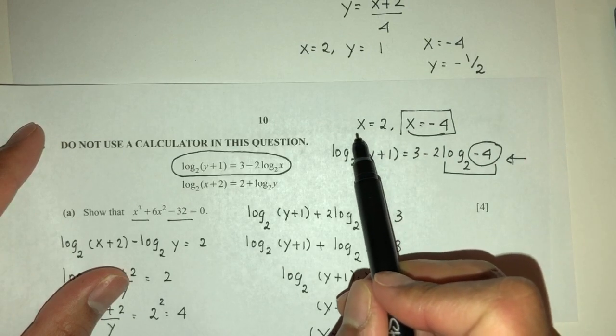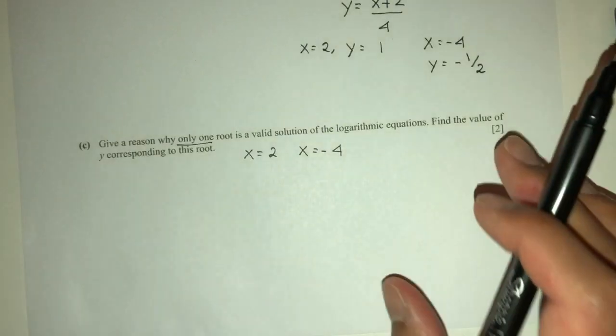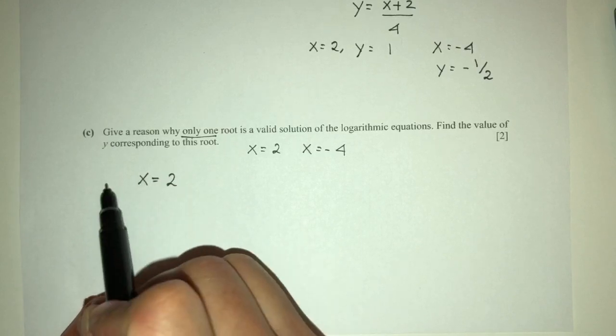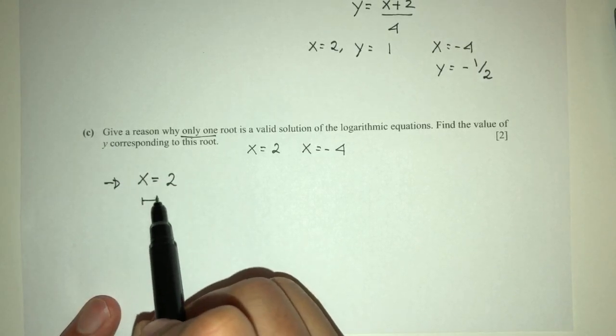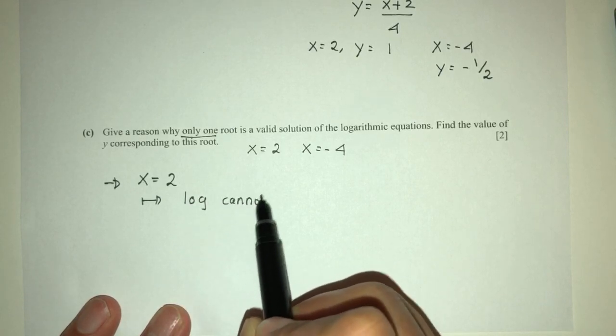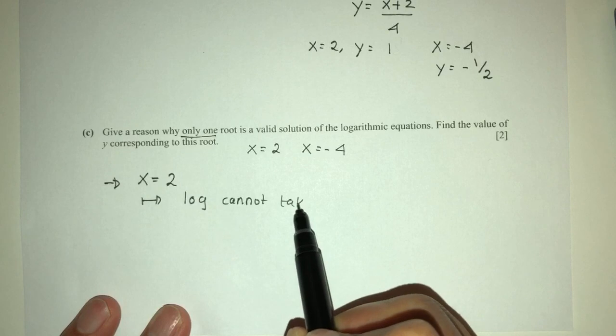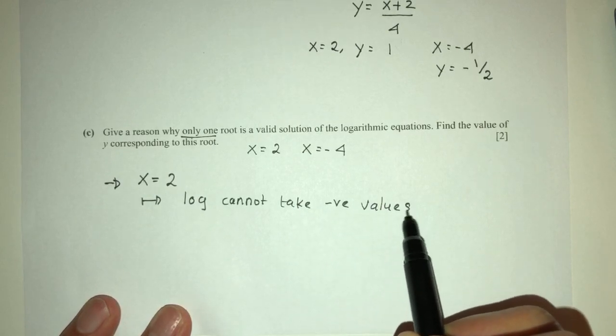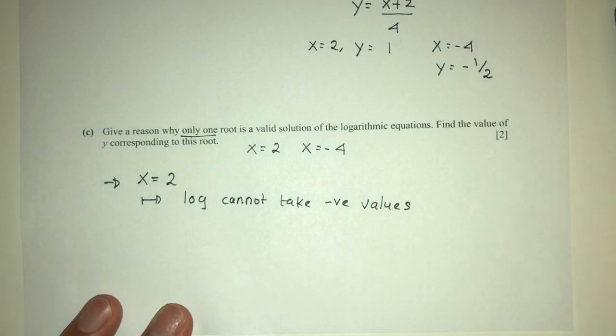We can only have a positive value of x. So the only solution will be this one, because logarithms cannot take negative values, or we can say it doesn't exist for negative values of x.